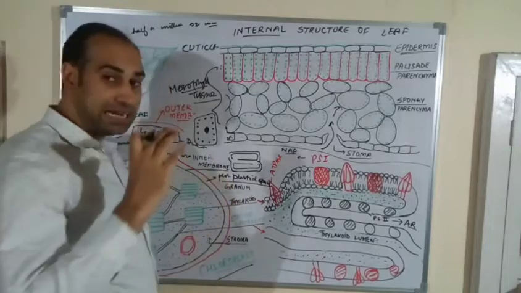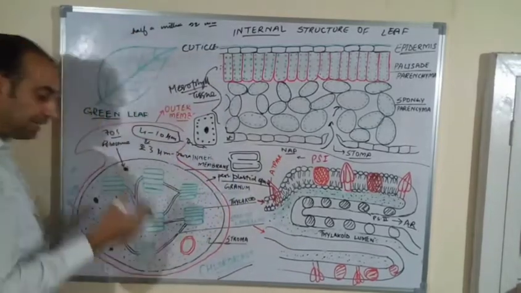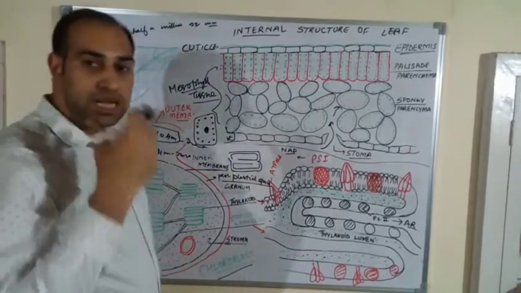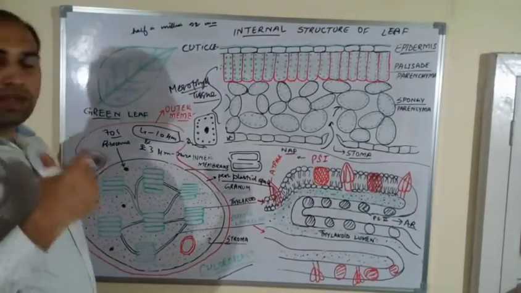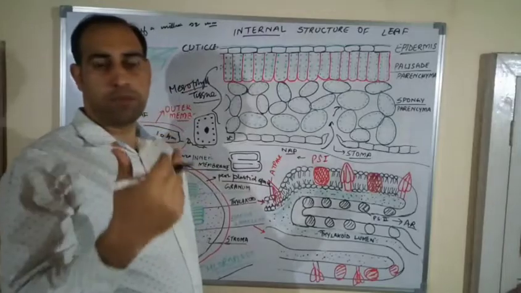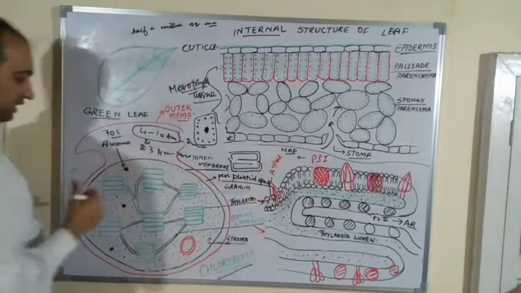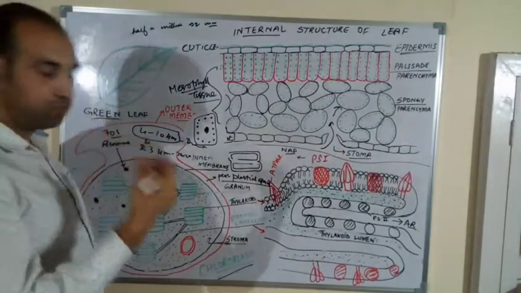The stroma contains water, inorganic molecules, coenzymes and all the necessary enzymes which are meant for photosynthesis, for the synthesis of the food material.